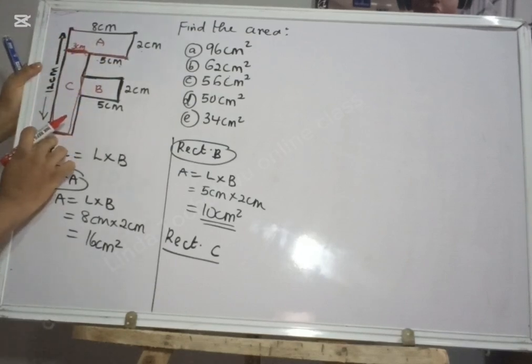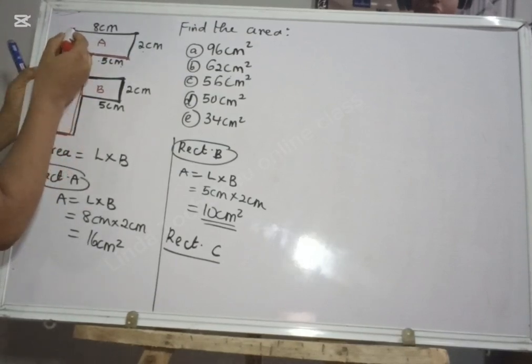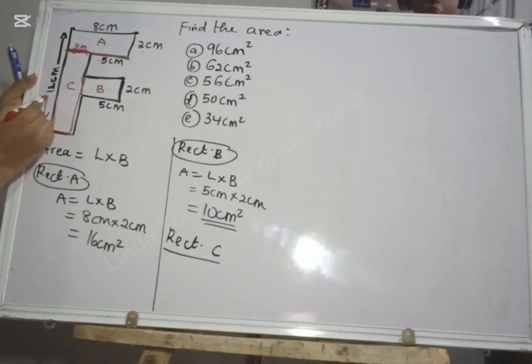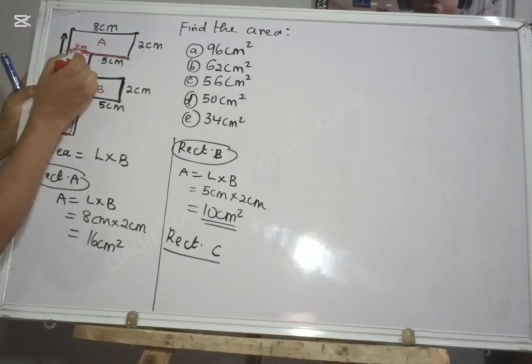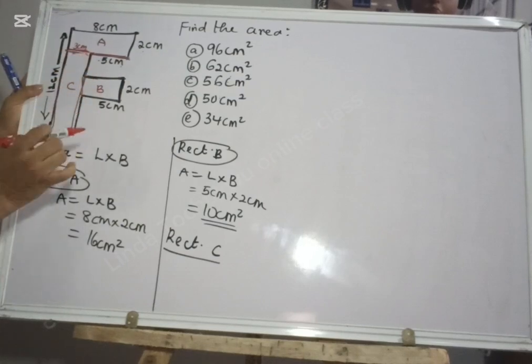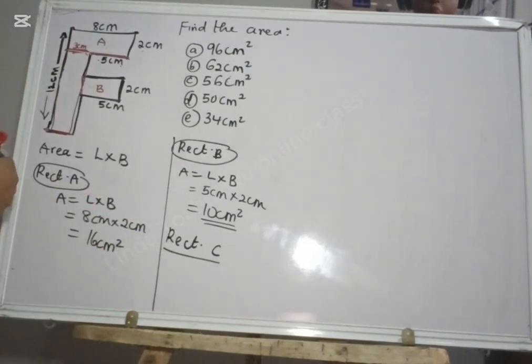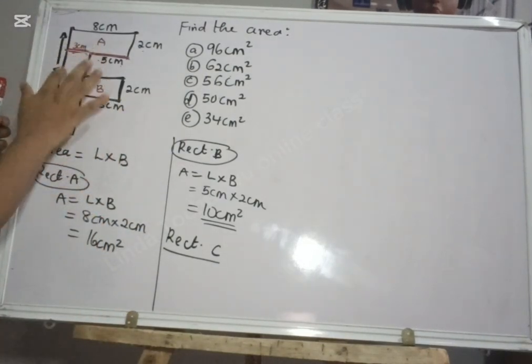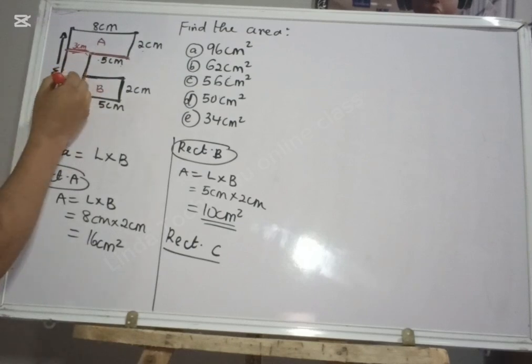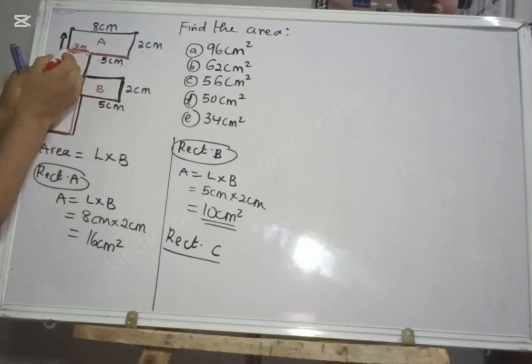Now for the length. We were given that from here to here is 12 centimeter. So what is the length from here to here? We don't know. So we have to derive it ourselves. Now for the length of rectangle C, we've gotten our breadth.